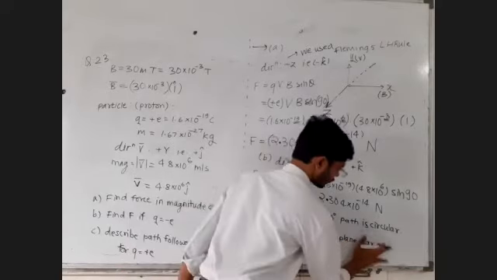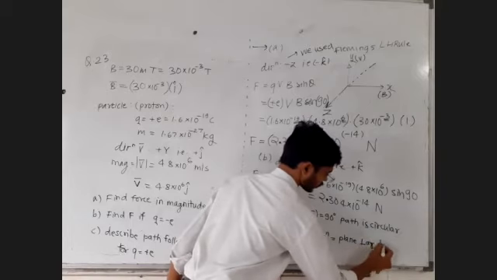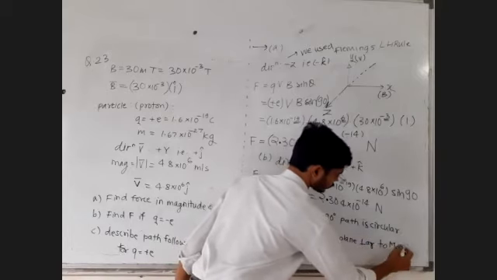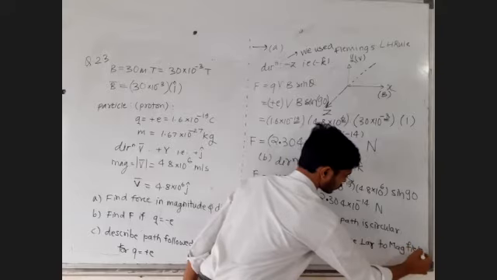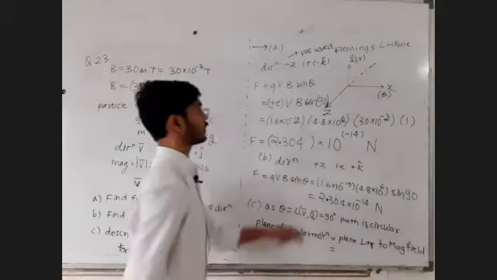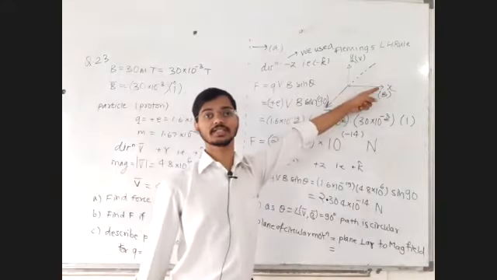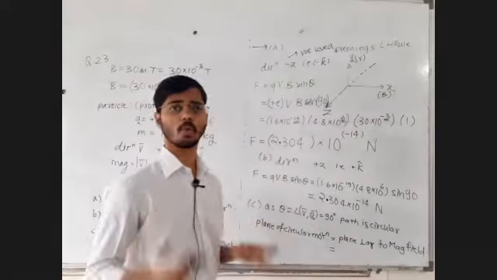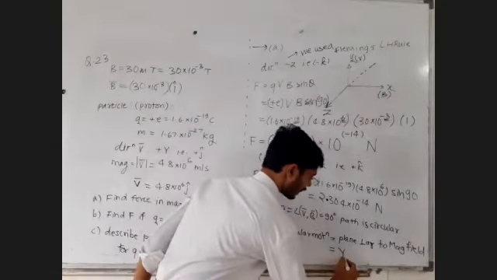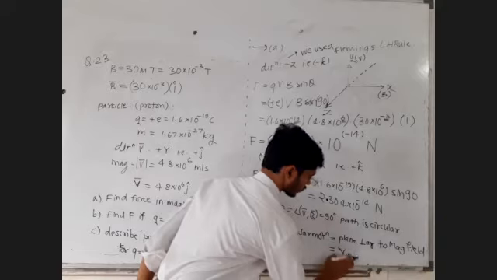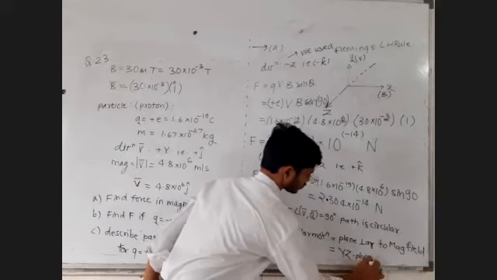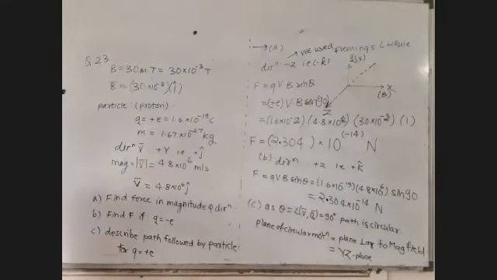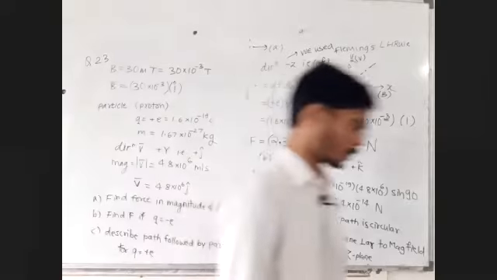Always remember, magnetic field is right now in the x direction, so the plane perpendicular to it is the YZ plane. That is the plane of circular motion.